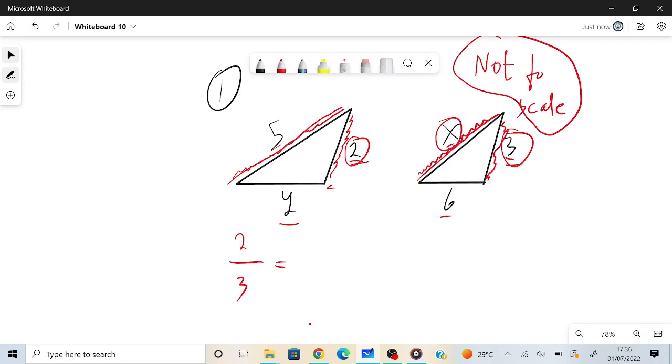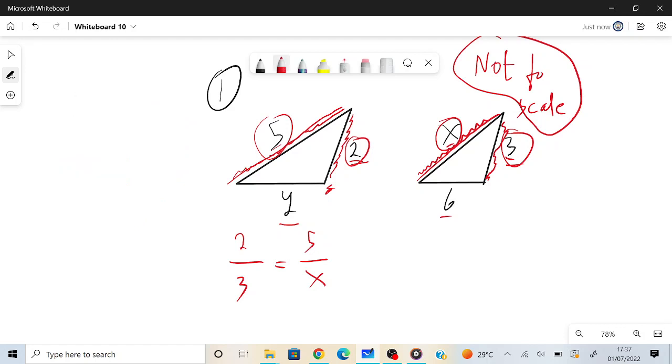So since I put 2 over 3, I took this triangle first and put it as a numerator, I have to take the 5 over here as well and put it as a numerator. So 2 over 3 equals 5 over x. You could have done this the other way around. You could have done 3 over 2 equals x over 5, and you would end up with the same answer.